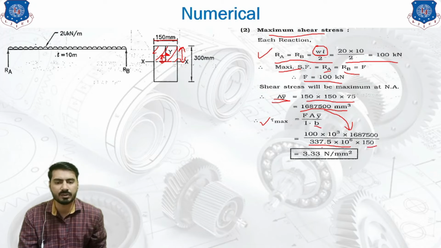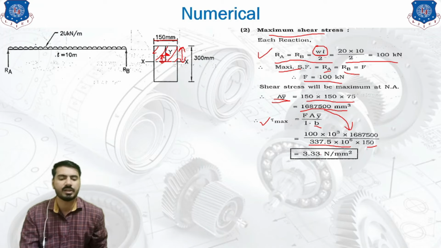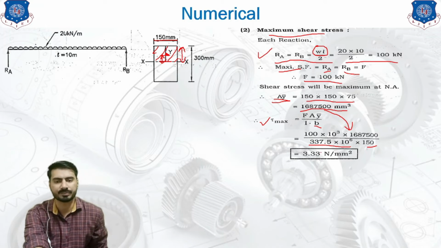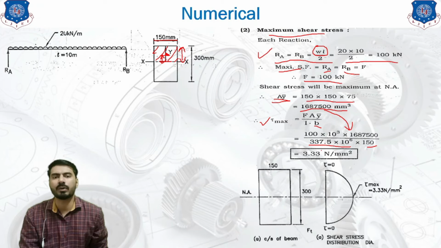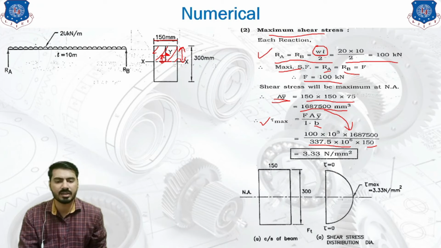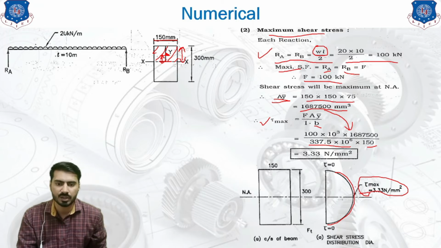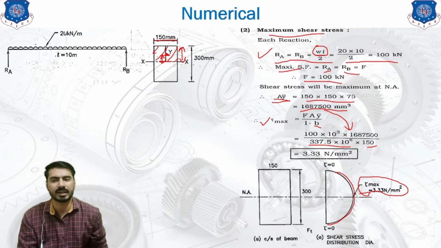Putting all these values into simplification, we will get the final answer of tau max equals 3.33 Newton per mm square. Now we know that for the rectangular cross section, the shear stress distribution can be represented by the semicircle like this. In the semicircle, we need to mention the maximum shear stress that is 3.33 as per our calculation. So this is how we complete our example.